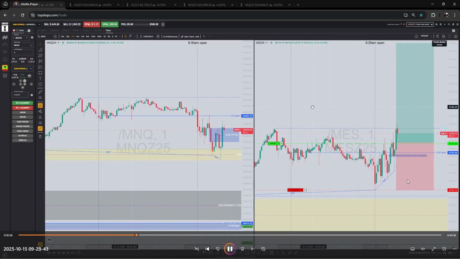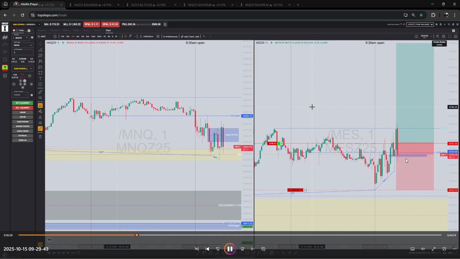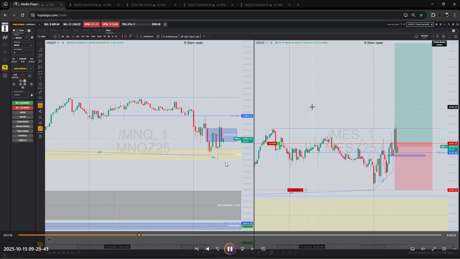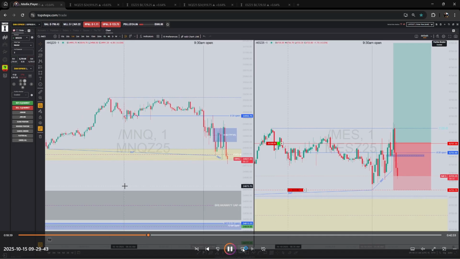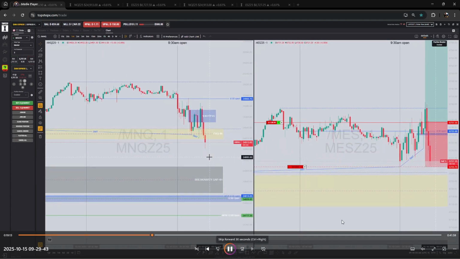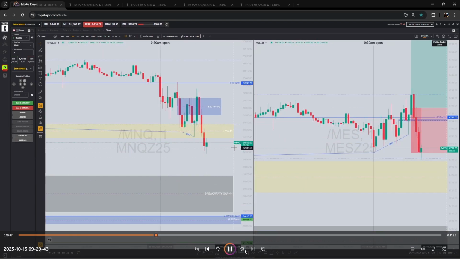And normally I would have trailed my stop to BE, but we had already SMT at the low, so I was confident in my trade because of the SMT at the lows already. So that's why I didn't trail my stop, because ES took the highs and NQ didn't. And price actually came and reversed on me, took me out.